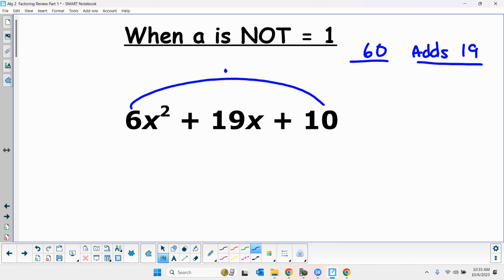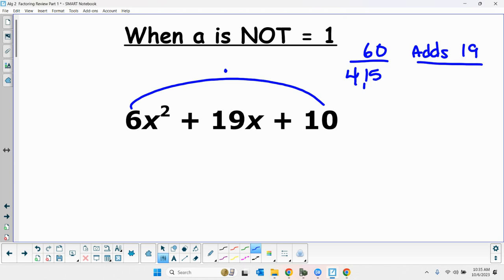Right, 4 times 15. 4 times 15 is 60, and 4 plus 15 is 19. So since C is plus, everything's going to be plus. Here's what you do.